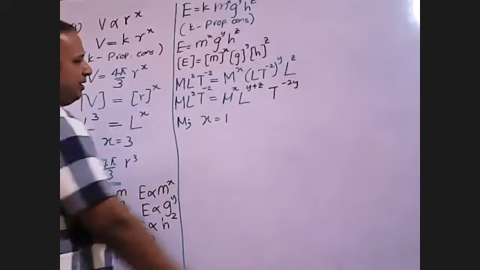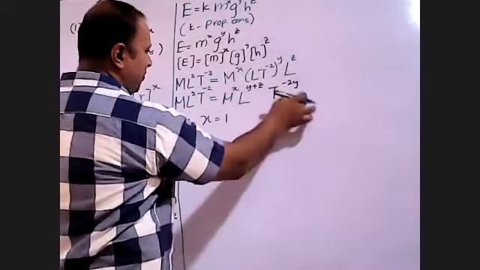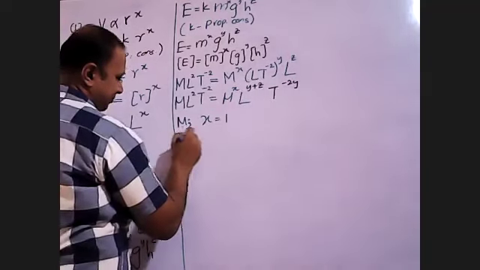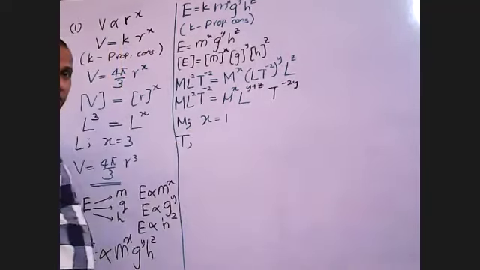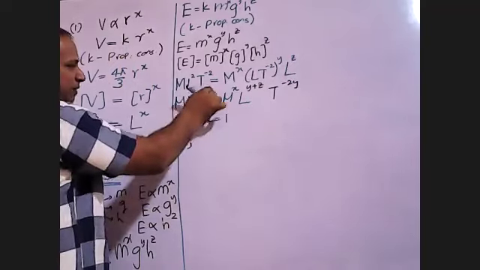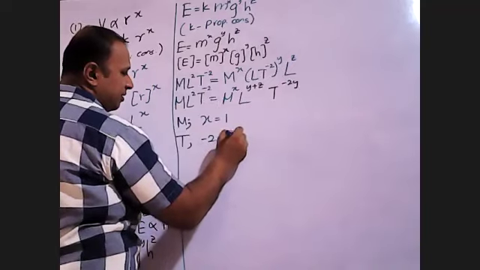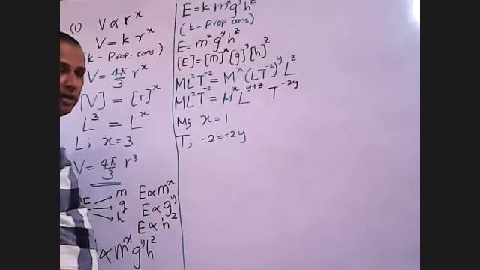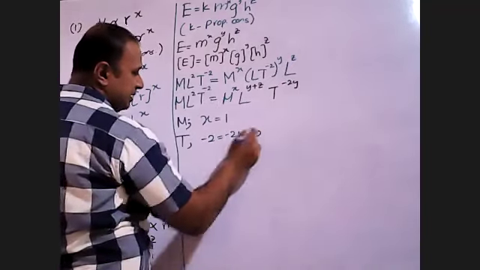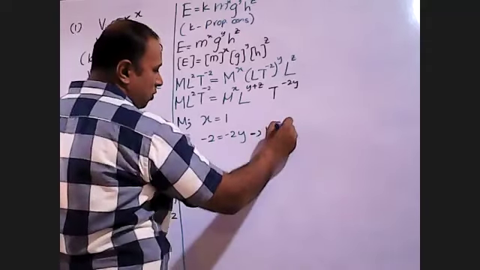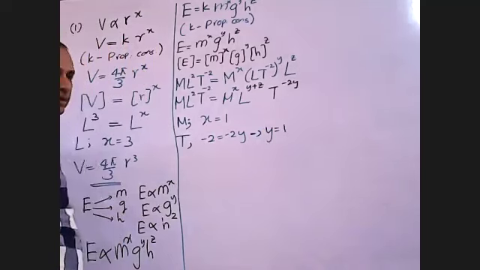Then the next easiest one is T. If I equate T, here the power is minus 2 and here the power is minus 2y. Therefore, the minus 2 cancels out and y is equal to 1.